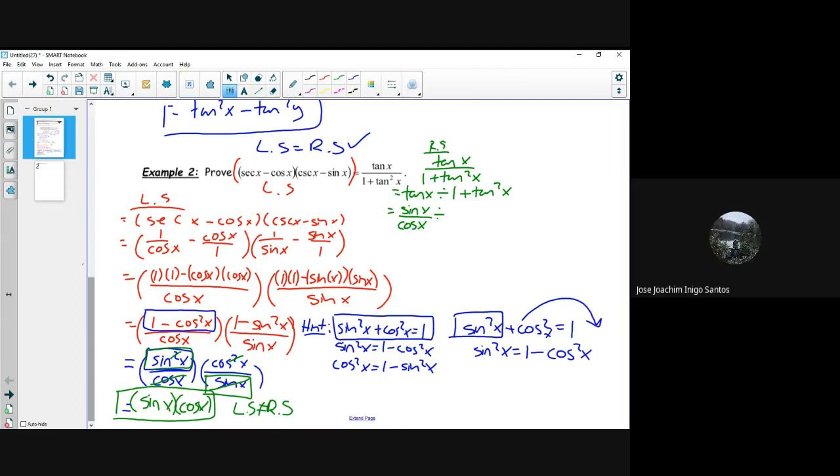Would it be secant squared x? Pardon? Secant squared x? Yeah. So we got secant squared x. So right now we have sine x over cos x divided by secant squared x.